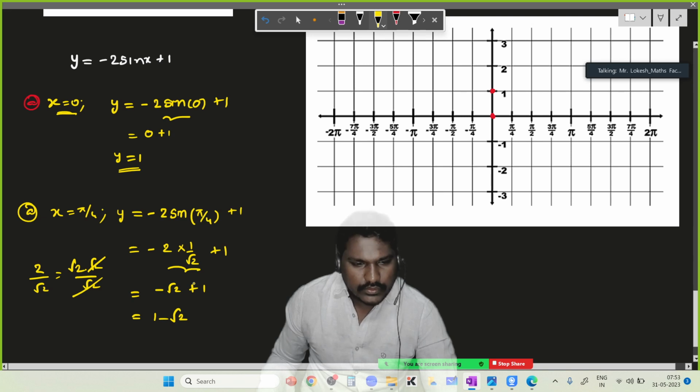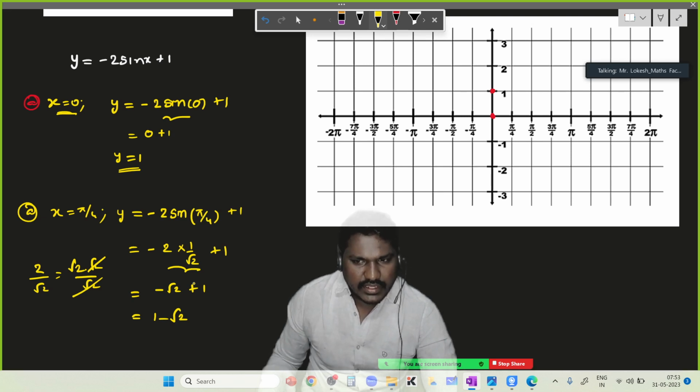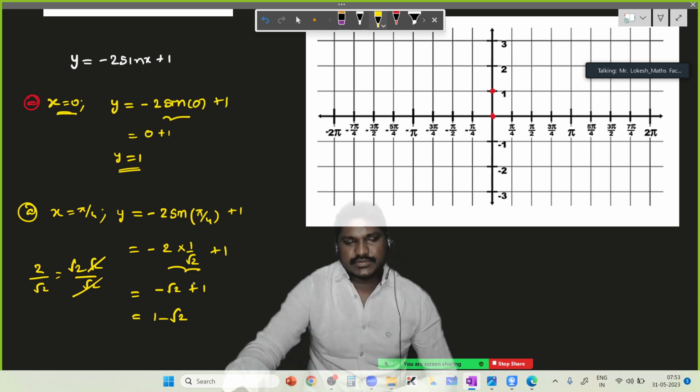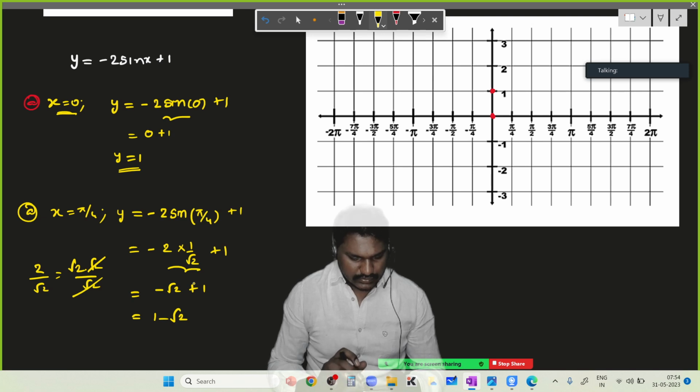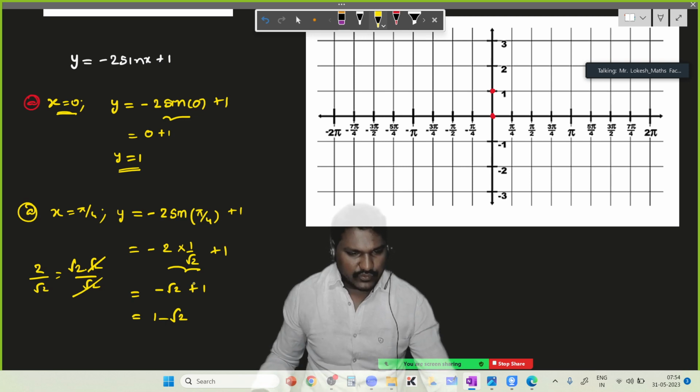So yeah, or you can directly take the help of calculator. We can directly find the value of minus 2 into 1 by root 2 plus 1, so it will be approximately minus 0.414. I'll show you. That's it. 1 minus root 2 is minus 0.414.